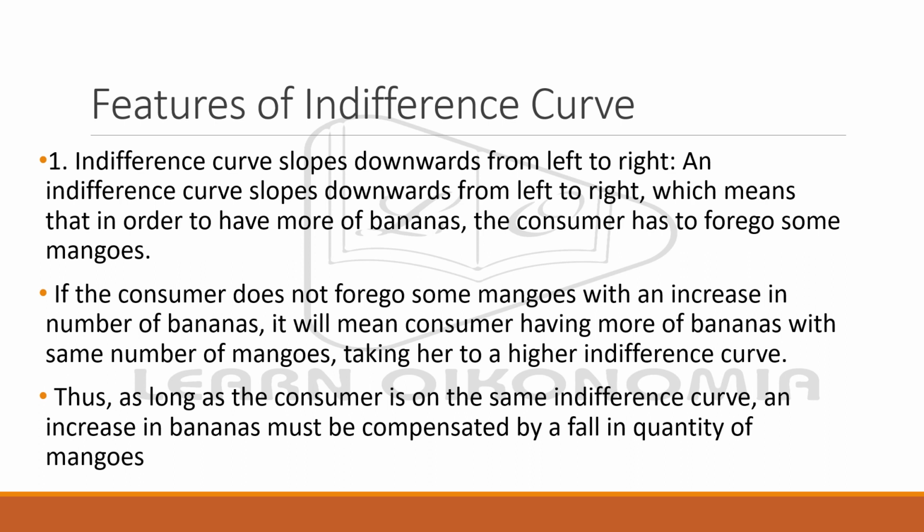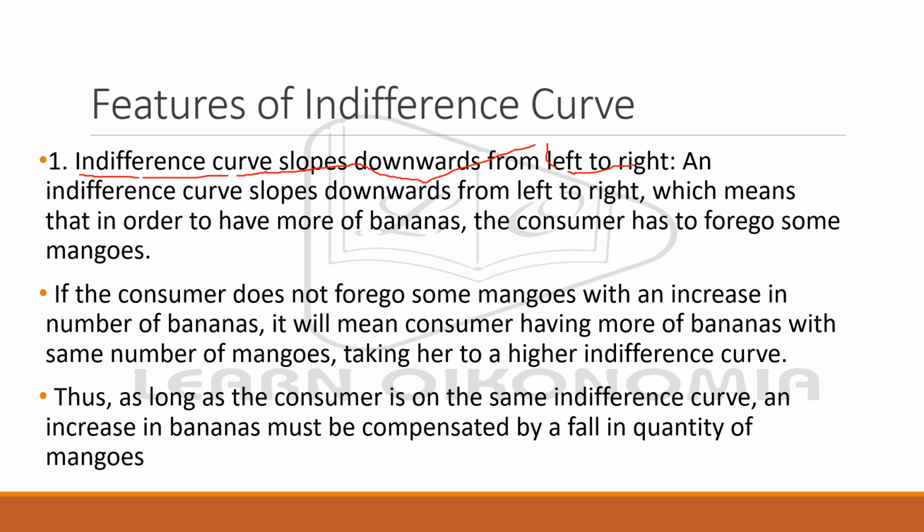Now let's understand the features of the indifference curve. First of all, we could see in the figure that it is a curve that slopes downward from left to right. Why does it slope downward?